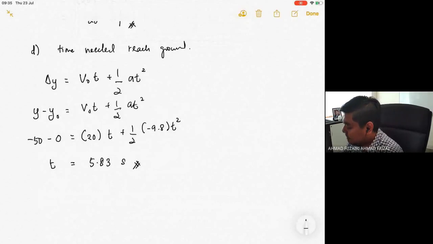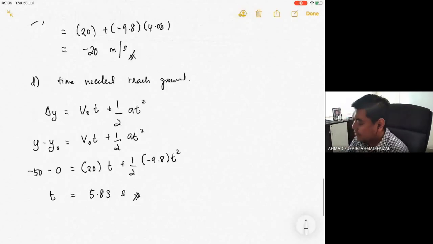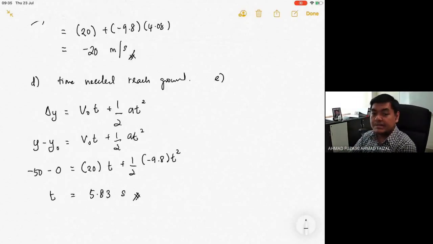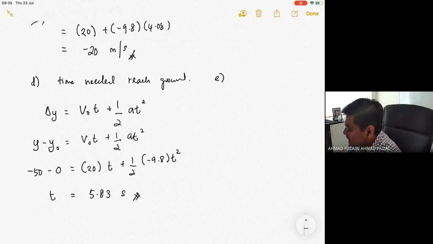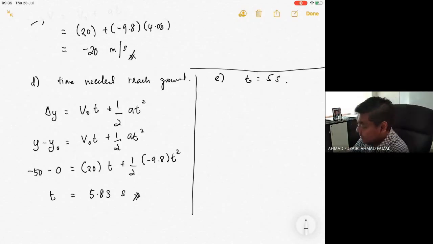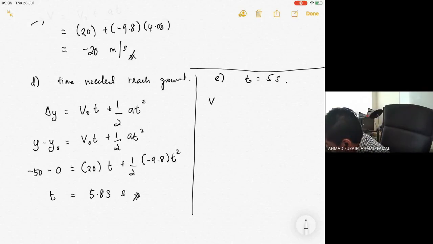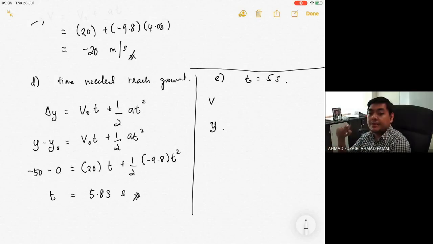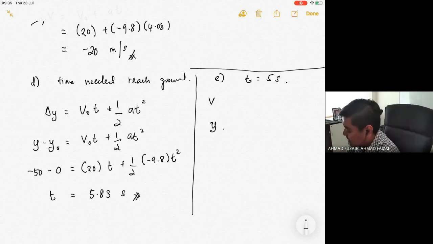Okay. And the final part is Madam tu suruh kita buat sendiri ya. The velocity and the positions of the ball at time t equals to 5 seconds. Okay. Soalan dia, the velocity and the position of the ball at time t equals to 5.